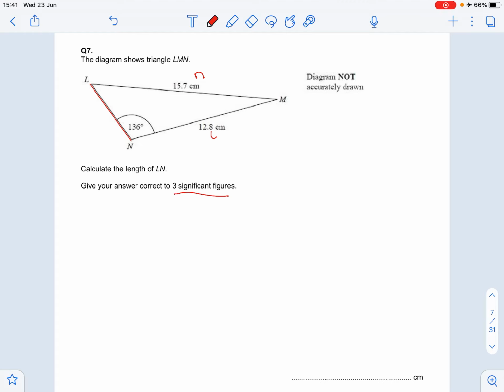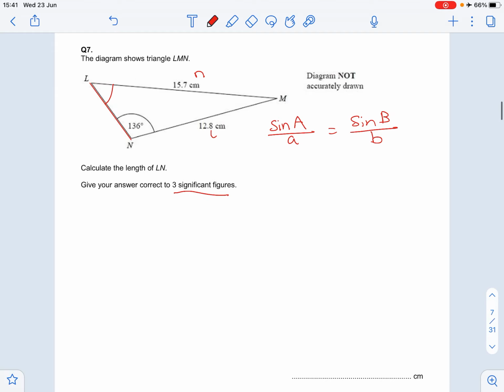So firstly, I can use my sine rule to find this angle here. So remember to find the angle using the sine rule, it's sine A over A equals sine B over B. So it's the opposite.